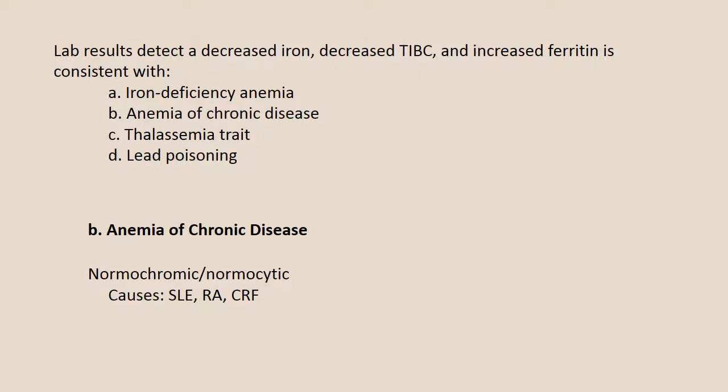It's a normocytic anemia. Some of the causes can be lupus, rheumatoid arthritis, CRF. So a range of underlying conditions can cause a release of pro-inflammatory cytokines. These cytokines trigger a change in the intracellular iron metabolism.